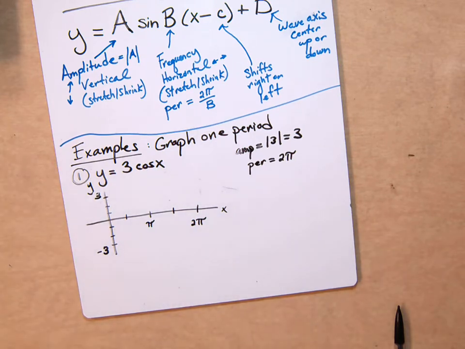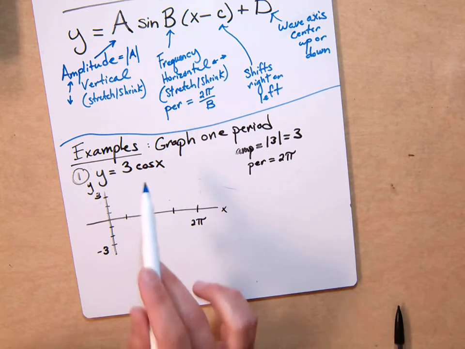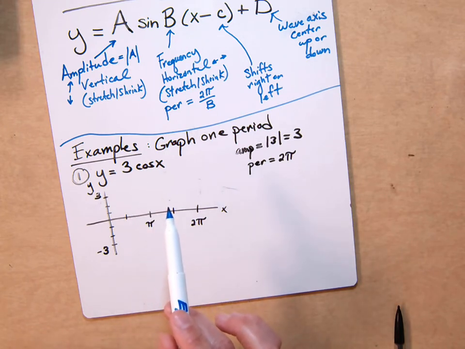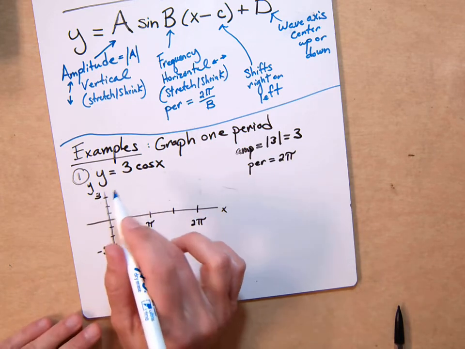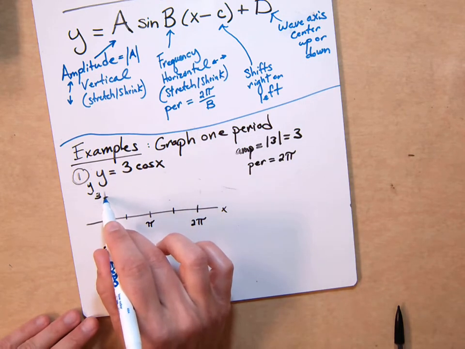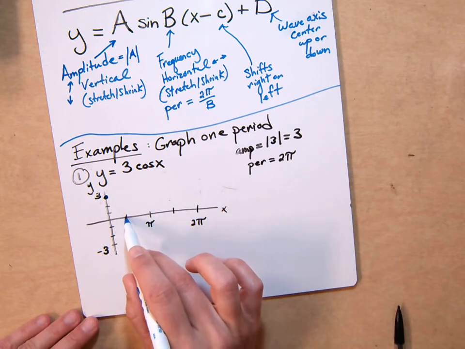And now watch. This is the easy part. Once you get that work done, cosine. Okay, we're dealing with cosine. Does that start at the highest point or at the middle? The highest. So you watch how easy this is. You go high, because there's a pattern. High, middle.